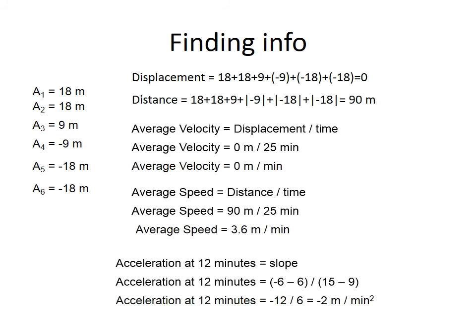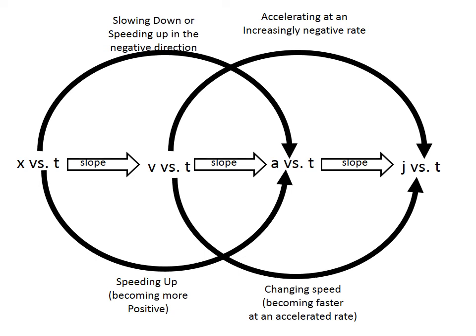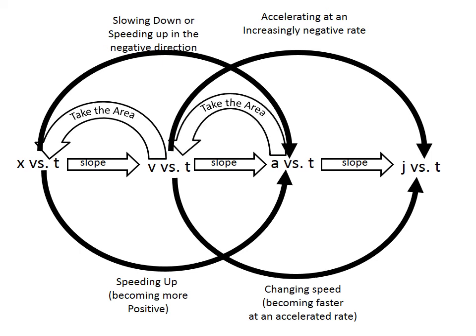What this means is if you want to go from a velocity time graph to a position time graph, you take the area between the line and the x-axis. Same thing holds true from acceleration to velocity, and again from jerk to acceleration.